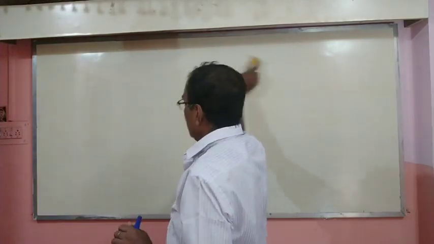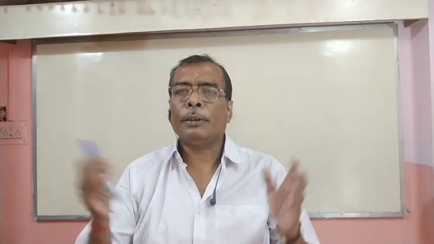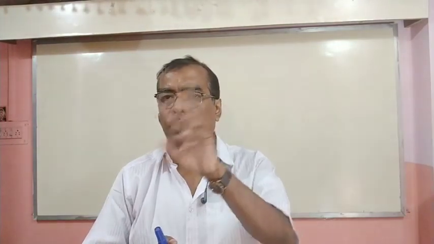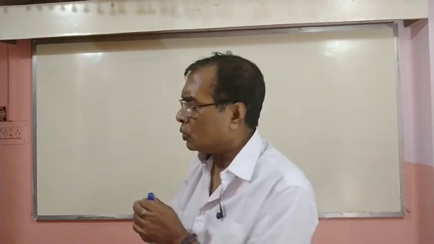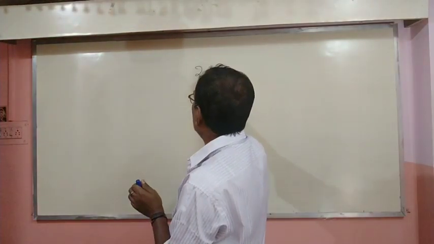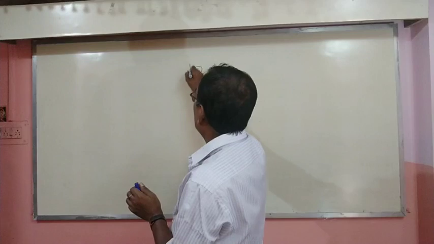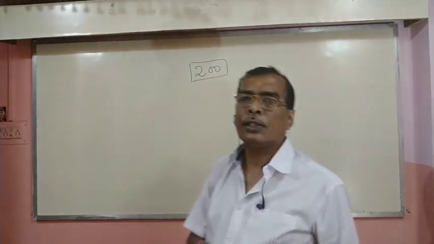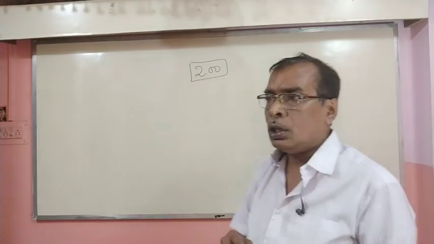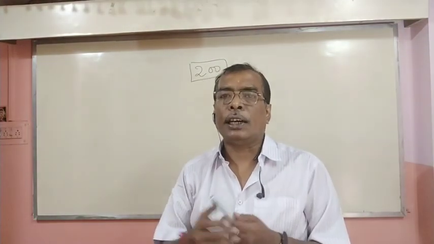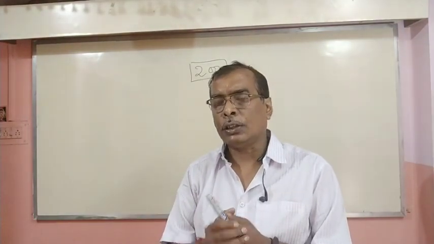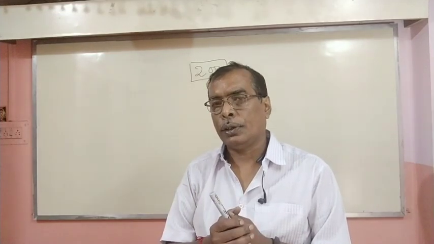So the example is, suppose I have given a loan to two persons. Say two persons have taken a loan of 200 rupees from me. One person has taken the loan on simple interest, and the other person has taken the loan on compound interest.